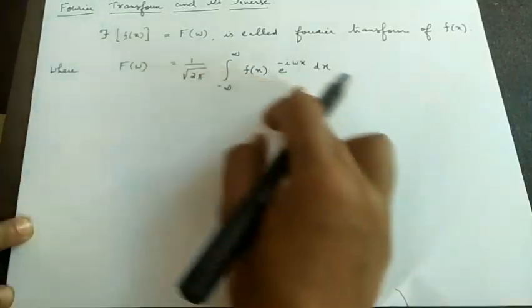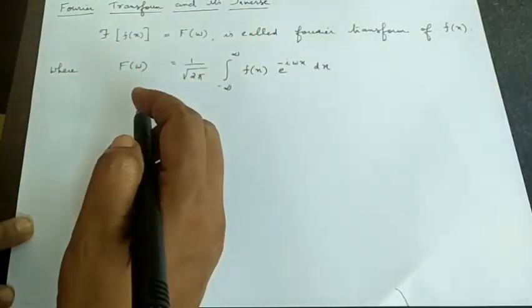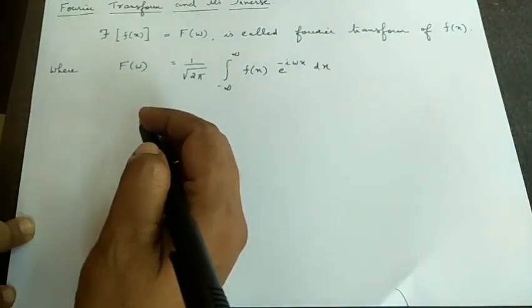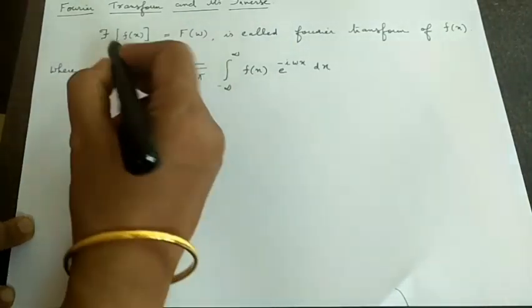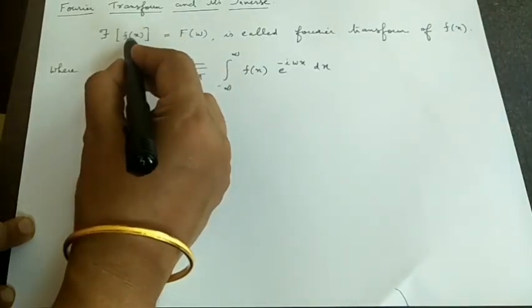Now this is a Fourier transform and its inverse. That means Fourier inverse transform or inverse Fourier transform. Okay. Now the inverse transform of this F omega is f of x, isn't it?